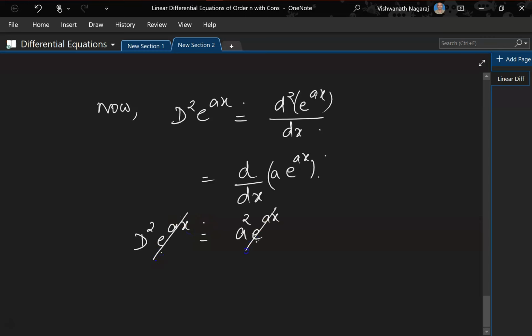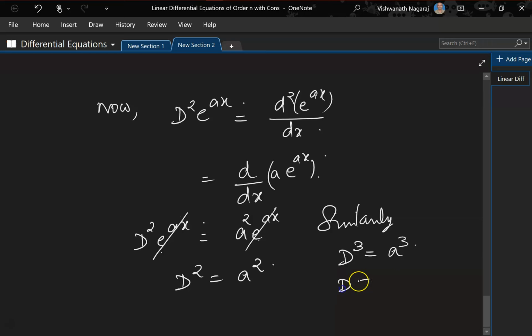Now e^(ax) gets cancelled and we are left with D squared equal to a squared. Similarly, for the third derivative, you will find that the third derivative is equal to a cubed.